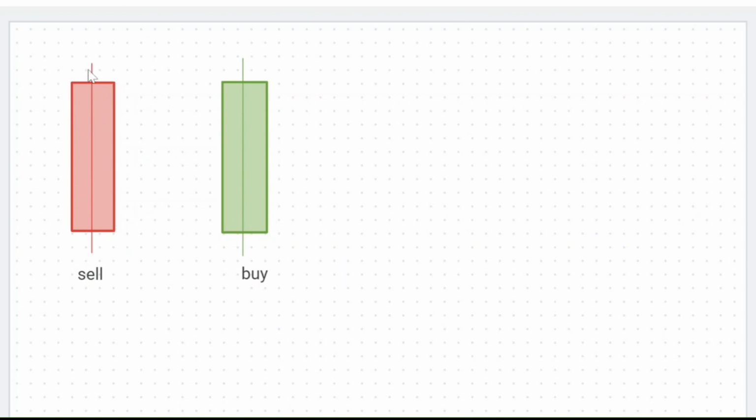Now we come to its complete proper structure. So suppose these two candles are formed on the time frame of 1 day, meaning this is the candle of the whole day. So what does it mean?